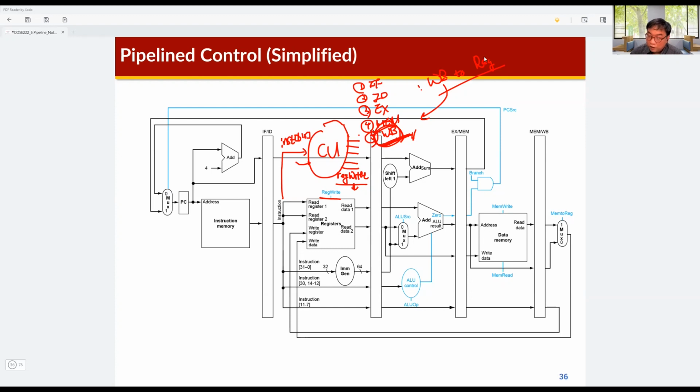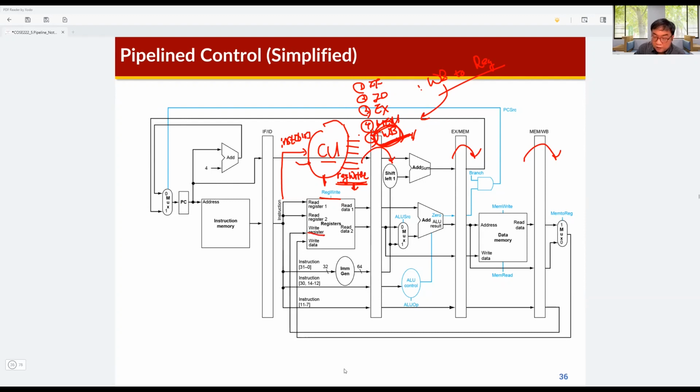So this reg write signal is generated by this control unit, but in order to use it, it is also propagated to the next pipeline stages along with this write to register number.